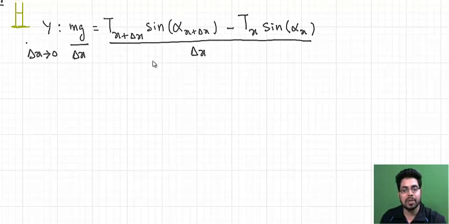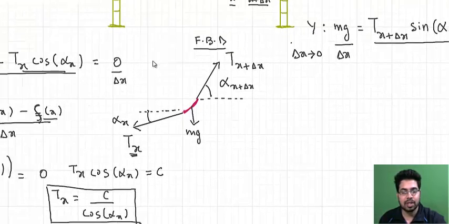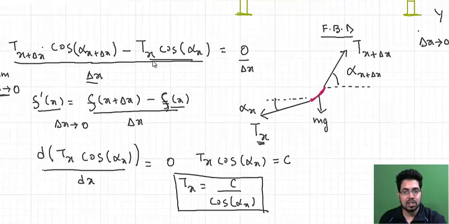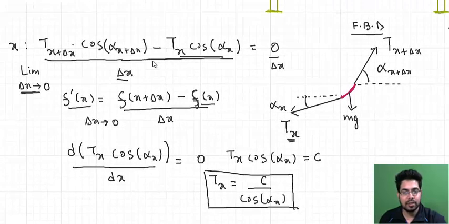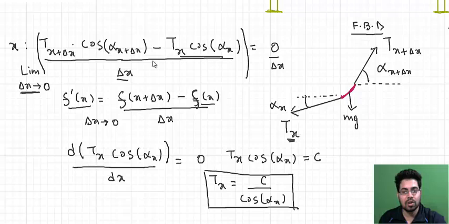So delta x becomes dx, and this quantity would be the differentiation of this quantity, as I have shown over here, that this whole quantity was the differentiation of this quantity using the differentiation principle.